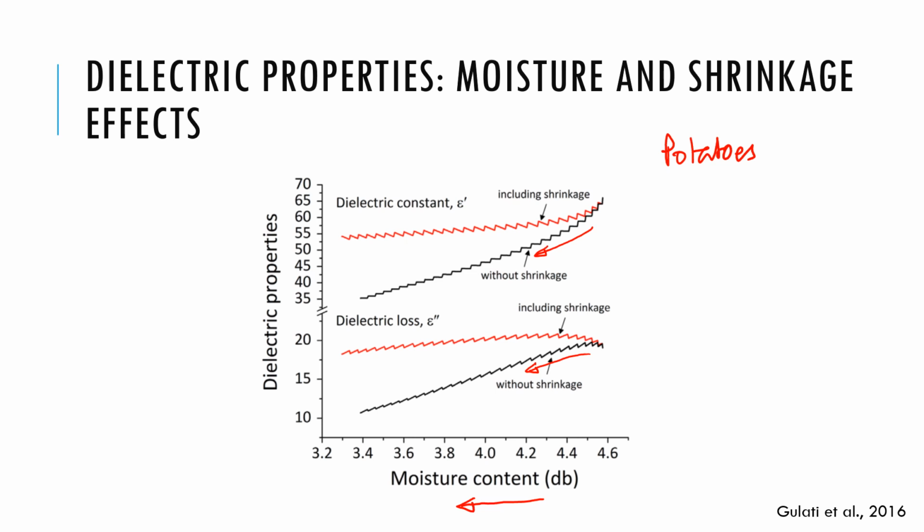So when we include shrinkage, which are the red set of lines, then the property drop is not nearly as drastic, and it makes sense because now we don't have these large pockets of air being developed because the material shrinks, so it kind of takes over some of the space that water was there earlier, so that the shrunk material, which is the more realistic one, the dielectric constant, dielectric loss, they don't drop as quickly.